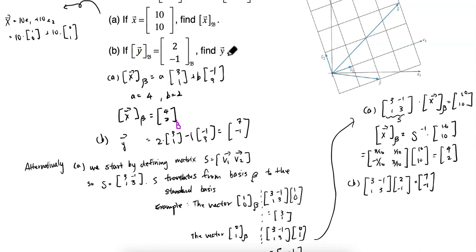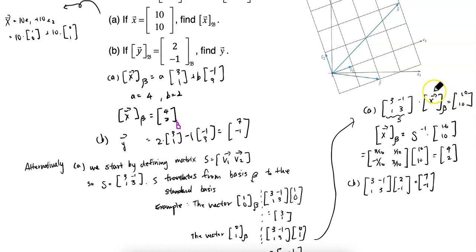So let's do question B first. We have the vector 2, -1 in basis B. What is that in the standard basis? We just do S times vector 2, -1, and we get 7, -1. So that would be that same vector y, but using e1, e2. If we want to solve question A, it's a little bit more work, because the setup is S times a certain vector x expressed in basis B is equal to 10, 10.